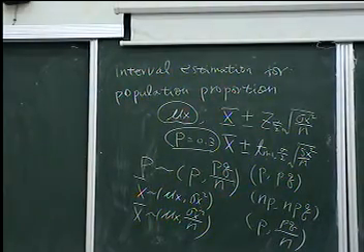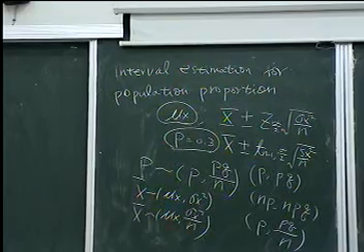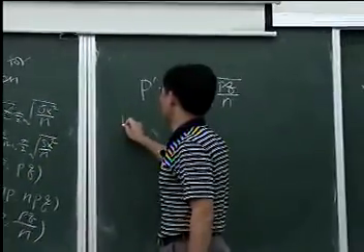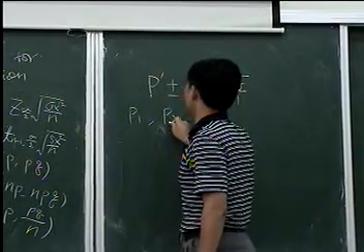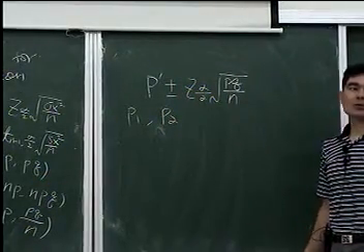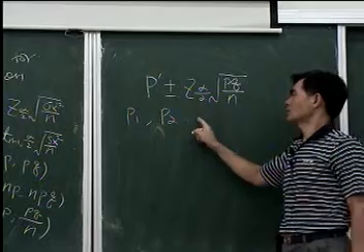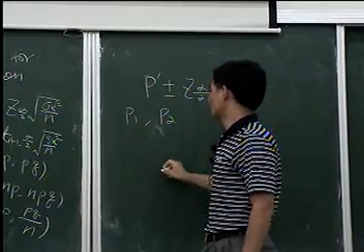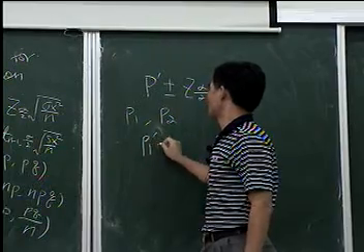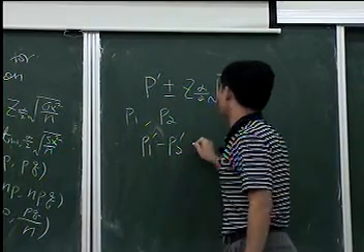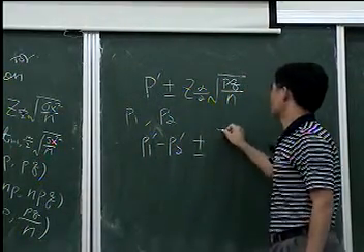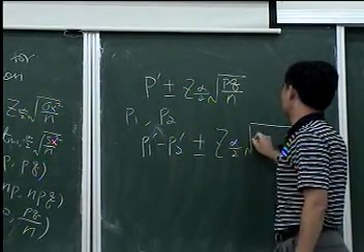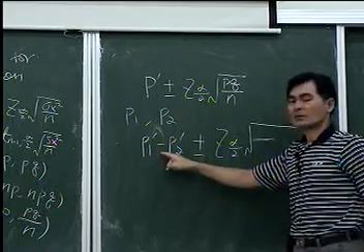Of course, we can say p1 prime. Let us say we have two populations, the first population, p1, the second population, p2, and now we are trying to figure out the difference between these two populations. Suppose they are independent, so you're going to have p1 prime minus p2 prime plus minus z alpha over 2 times the square root of p1 q1 over n1 plus p2 q2 over n2.